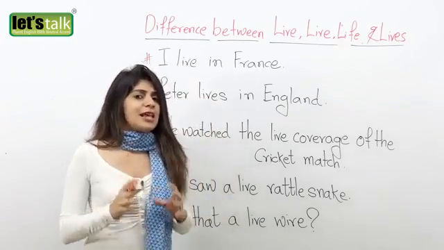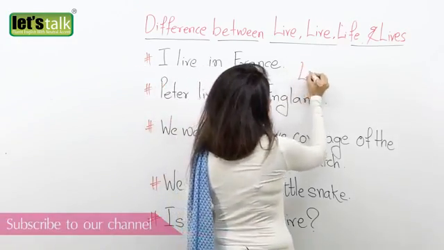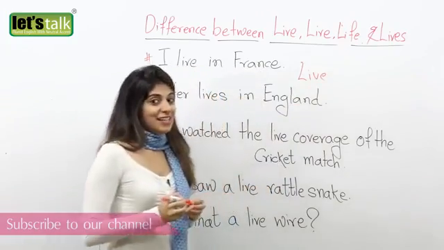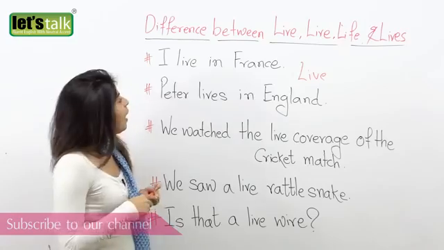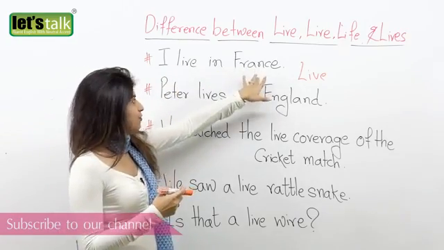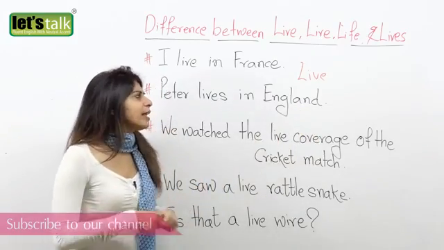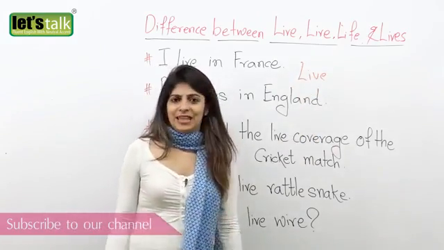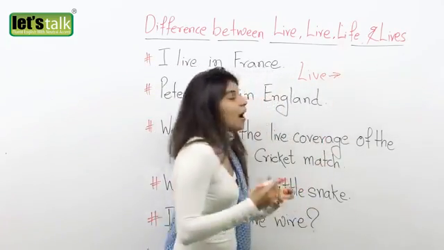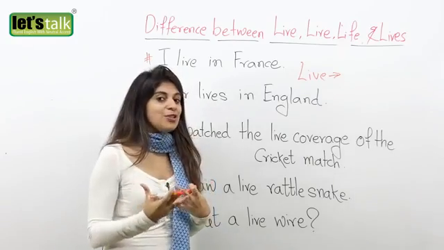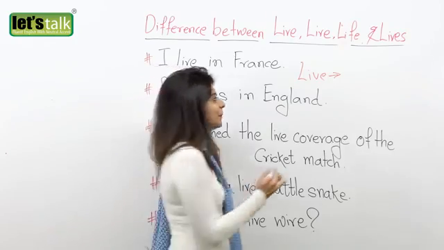So the very first thing that we are going to look at is the word live. To explain this, I'm going to look at these sentences here. I live in France. Peter lives in England. Now, what do you think the word live means? Well, the meaning of the word live is when you are talking about your or someone's place of living.